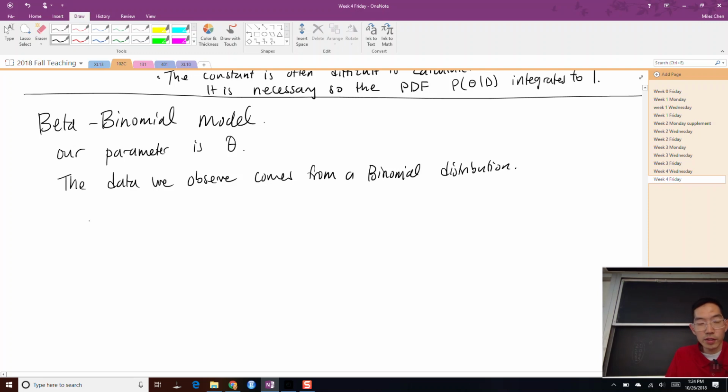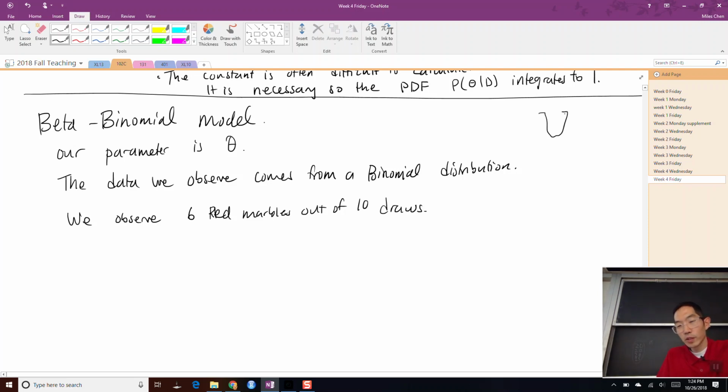Let's say we observe 6 red marbles out of 10 draws. So we're still dealing with our bag.